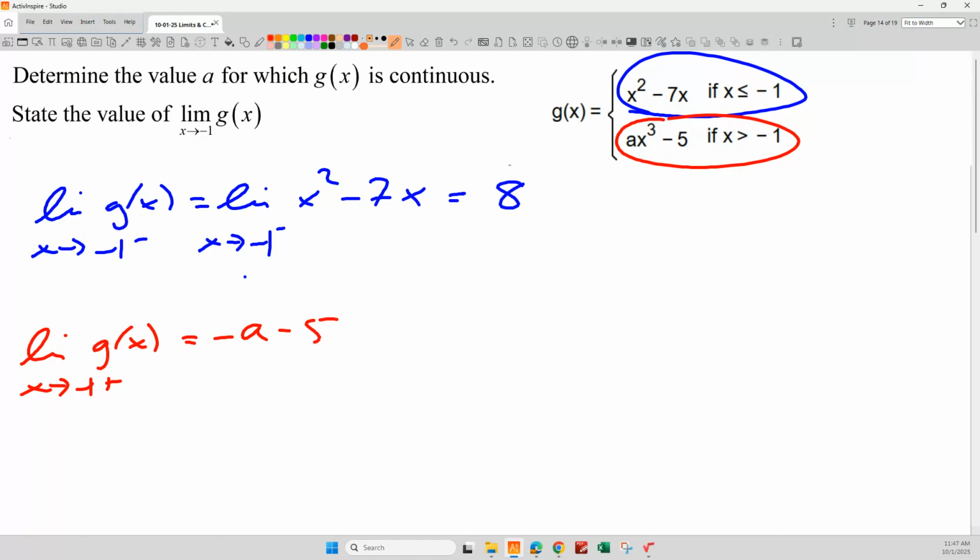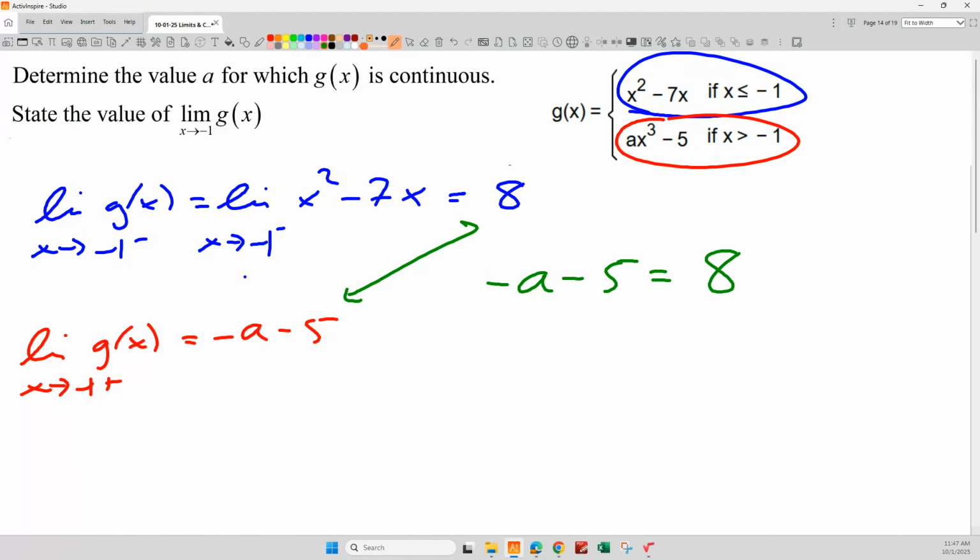Okay, now what has to be true for that limit to exist? They have to equal each other, right? So these two have to be equal, so let's make that happen. -a minus 5 equals 8.